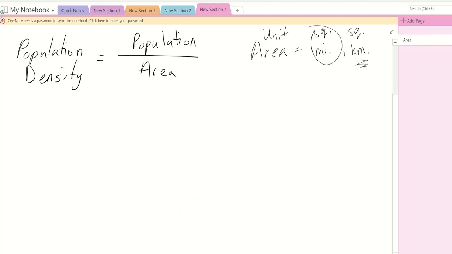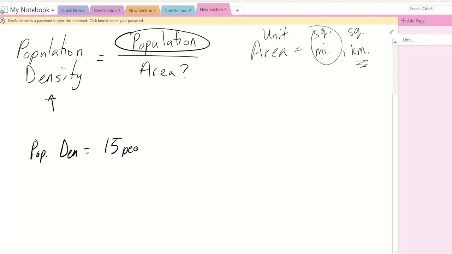Now, what if you knew the population density and you knew the population, but the area is what you wanted to find out? For example, let's say you knew the population density equals 15 people per square mile, and you know the population is 1 million people.